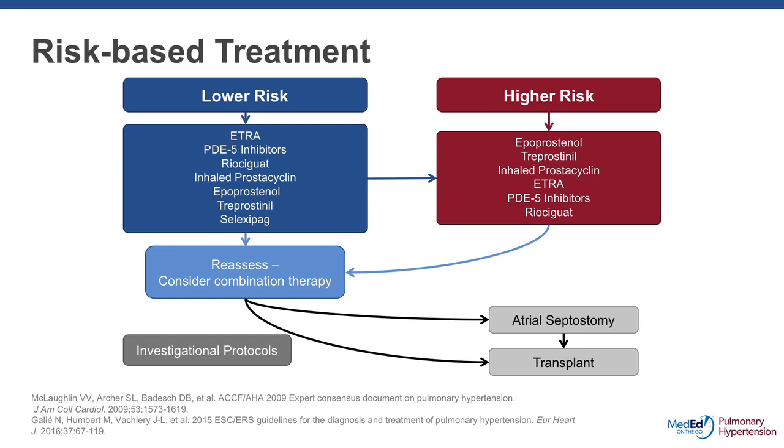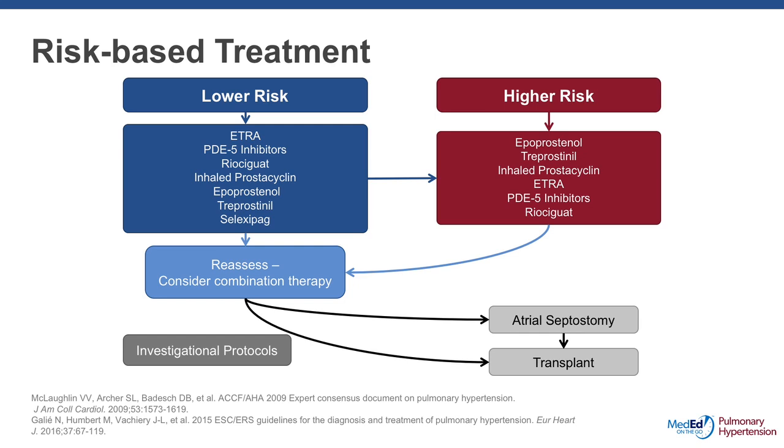And this list of parameters to determine risk includes features based on clinical presentation, based on hemodynamic assessments with right heart catheterization, based on echocardiography, and based on serologic markers such as BNP. And once we assess risk, we can consider whether we're going to introduce a single therapy, and which single therapy that may be, or consider a more aggressive combination therapy approach.